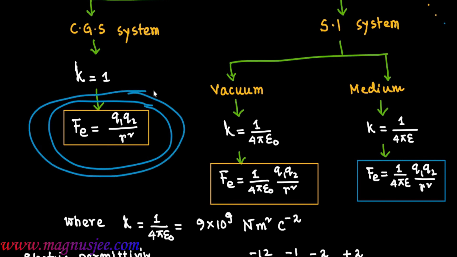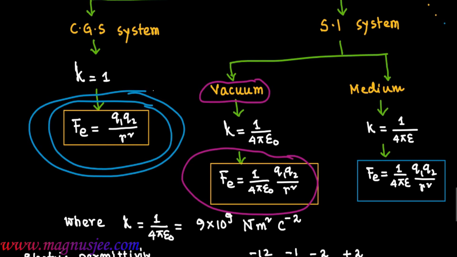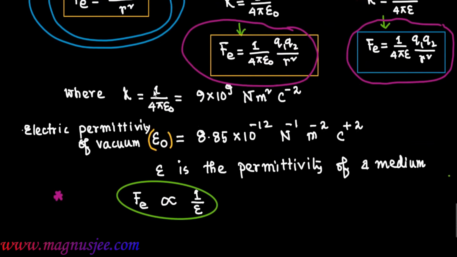In SI system, for vacuum k is 1 by 4 pi epsilon 0 and F equal 1 by 4 pi epsilon 0 Q1 Q2 by r square. And if the two point charges are placed in a medium, then Fe equal 1 by 4 pi epsilon Q1 Q2 divided by r square.